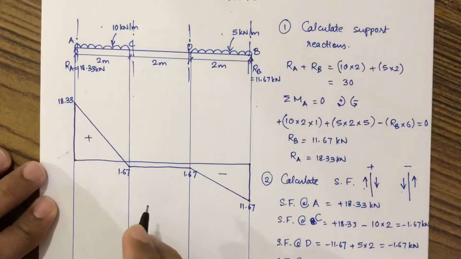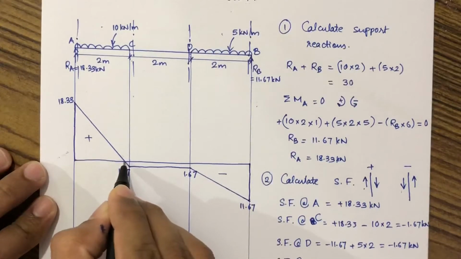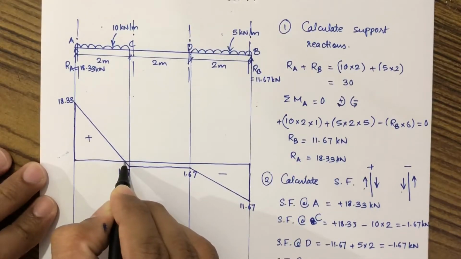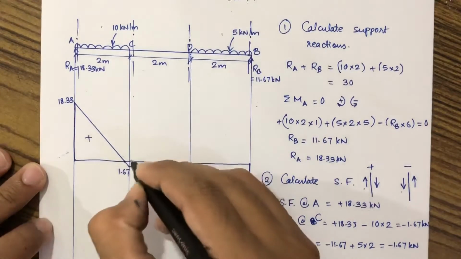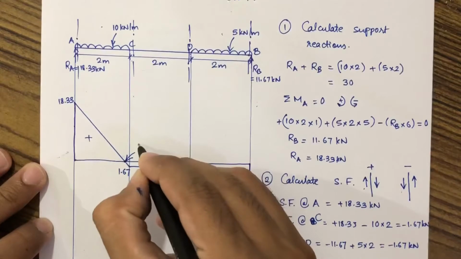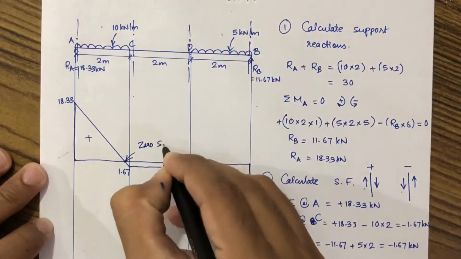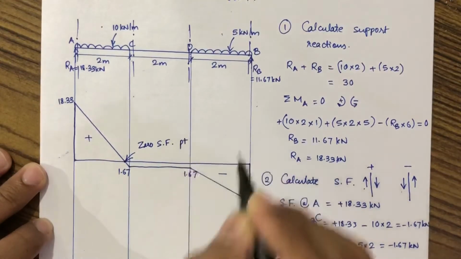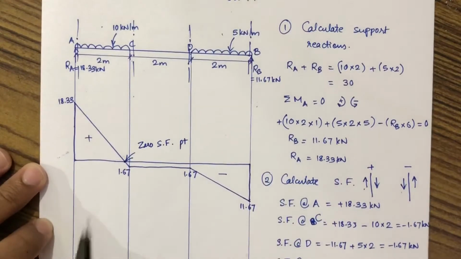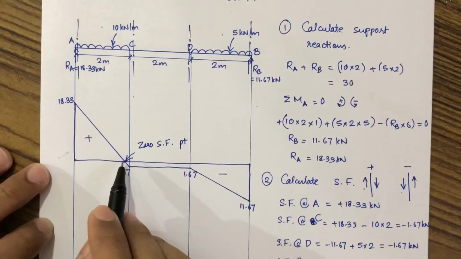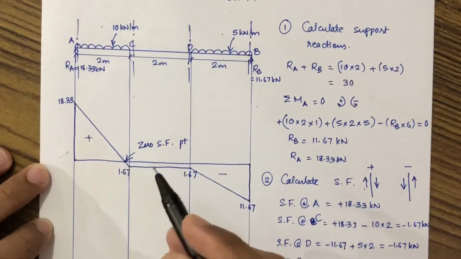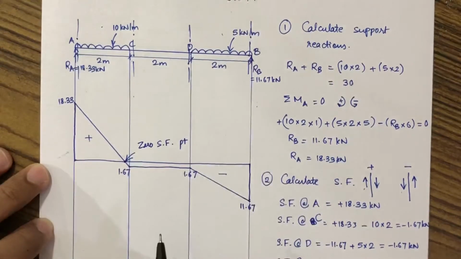Now here we can see there is one point over here where the shear force is 0. This is the point where the shear force is 0. So we can write this as 0 shear force point. Now one thing you have to keep in mind, wherever the shear force is 0, that point will give you the maximum bending moment.